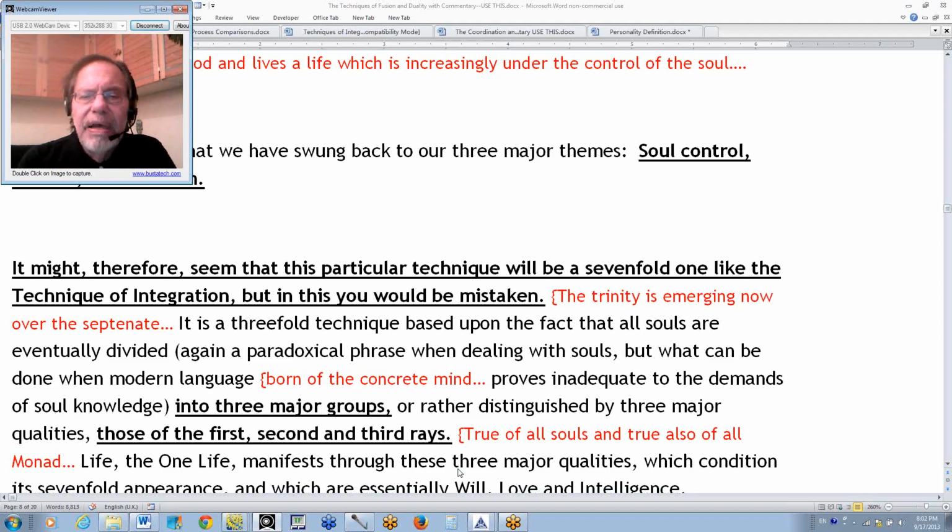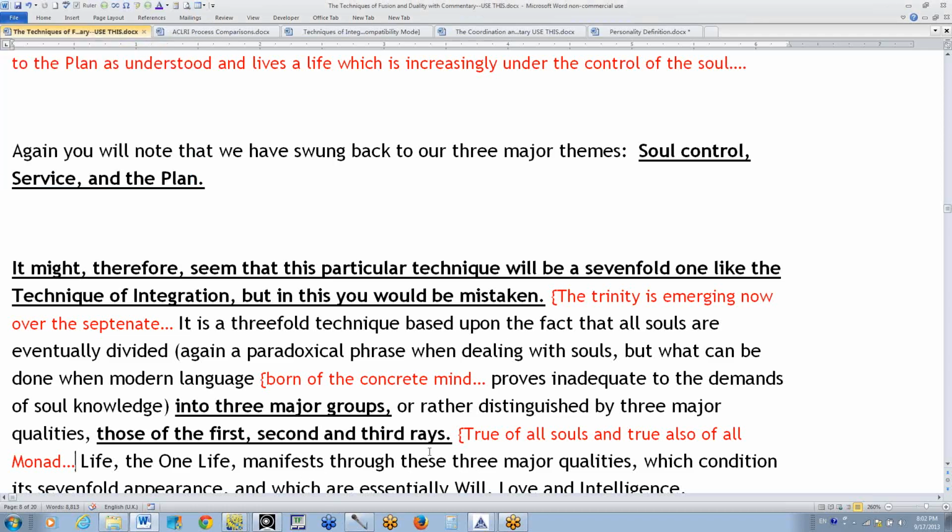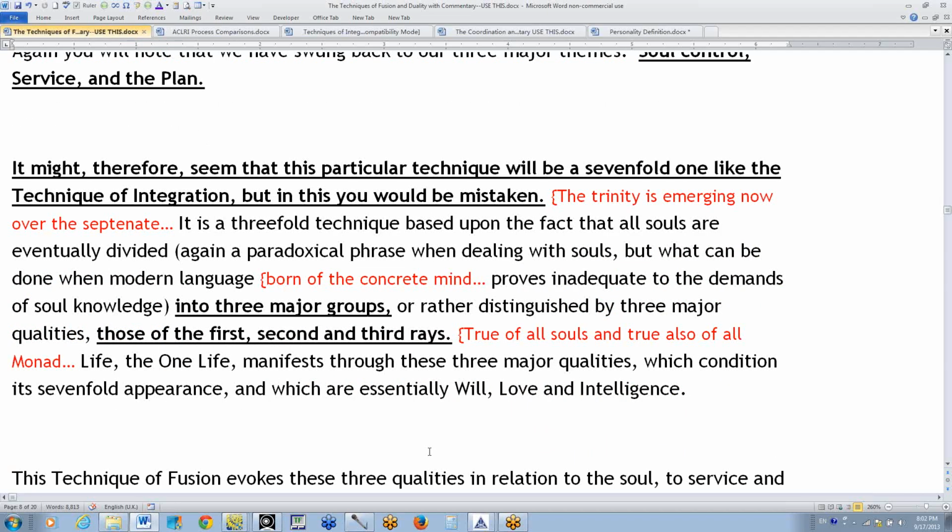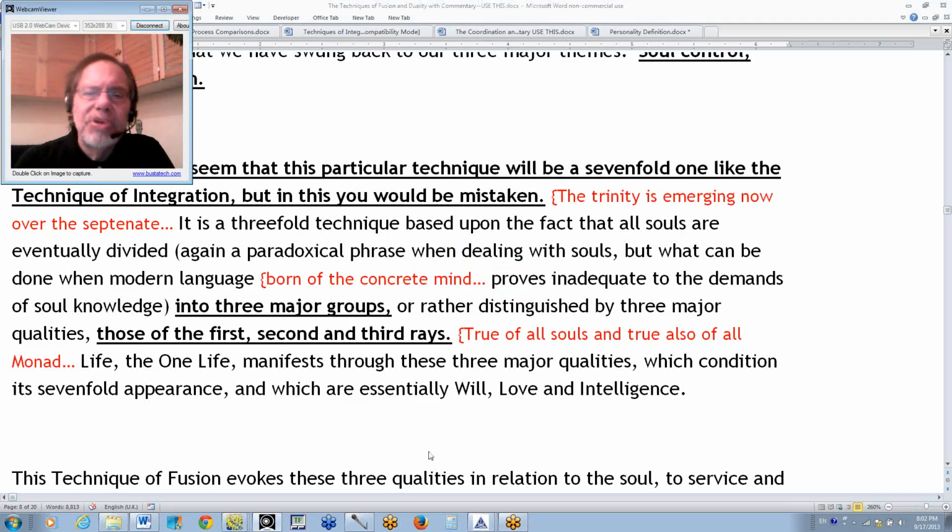Life, the one life, manifests through these three major qualities which condition its sevenfold appearance, also conditioned by the seven rays, and which are essentially will, love, and intelligence. Well, there are just so many of these sevens going to three, sevens going to three, sevens going to three. The structure of the Kabbalah is always present, the greater three hovering above the seven.